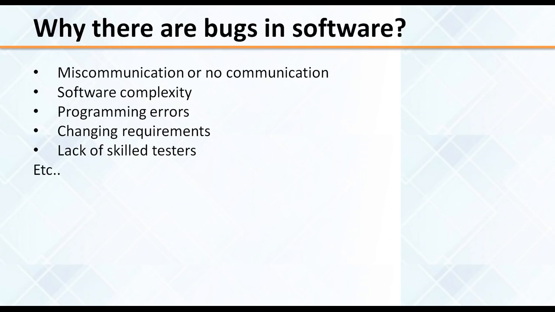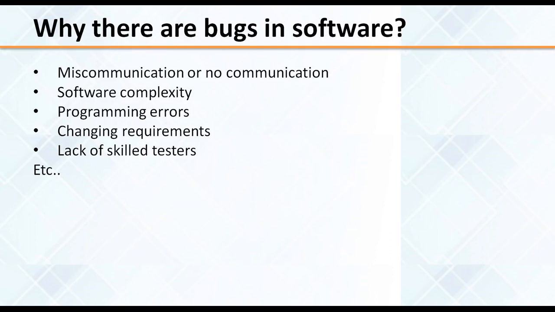That's one major reason, because multiple people in multiple roles work on the software. Then software complexity: sometimes complexity means it's a huge project. It goes on for years, and there are a huge number of modules, and n number of people are working on those modules, and the project is very complex.